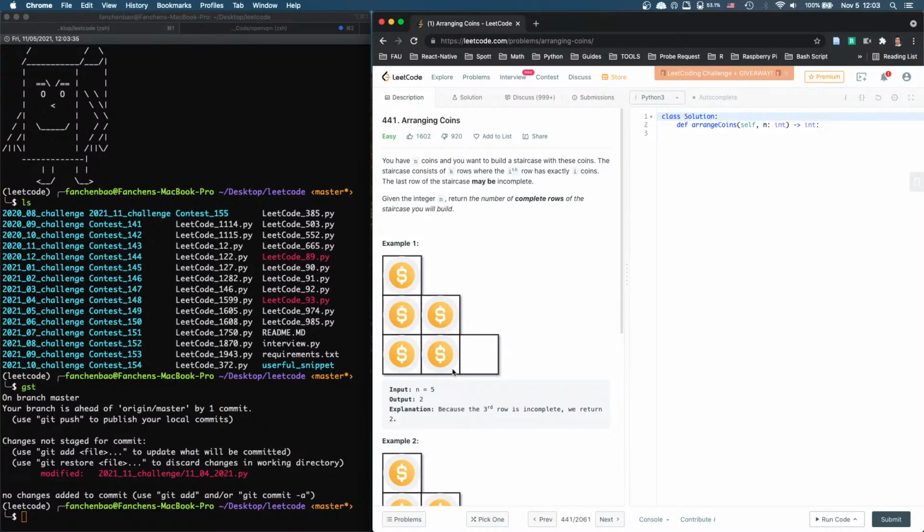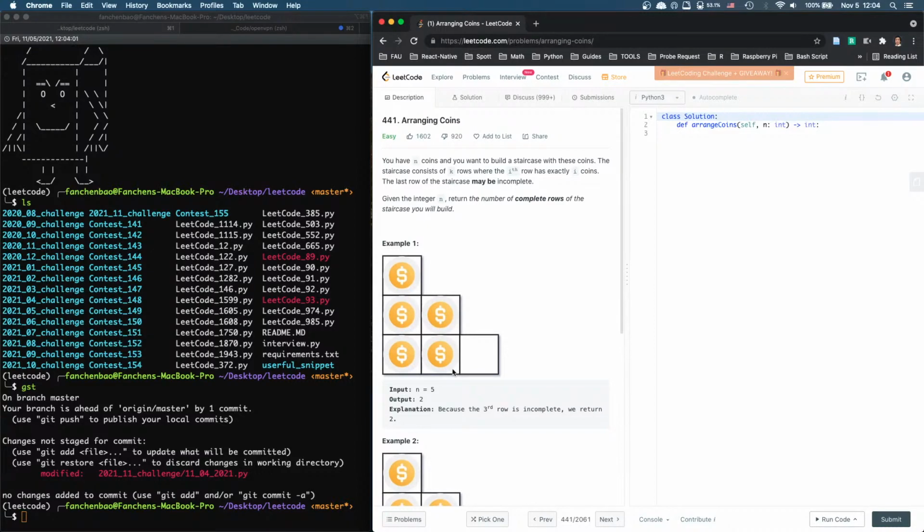So x has to be, we just pick x, right? We pick the x from 1. 1 doesn't work. 2, 3 works.